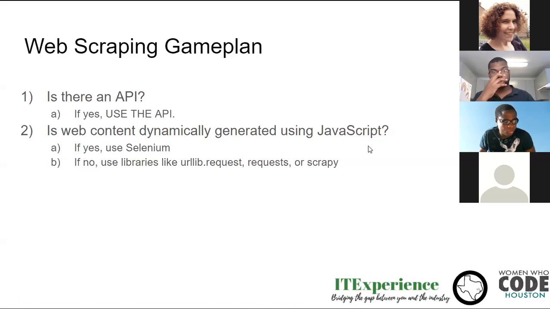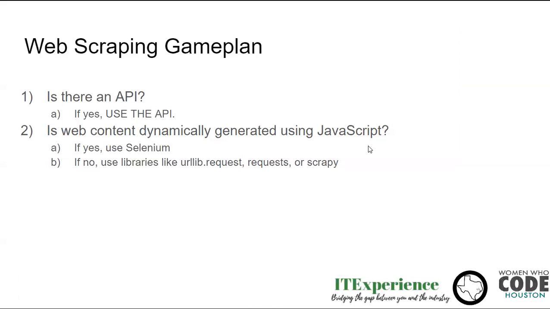The thing that's important to know is that when you're accessing a website, some content is static. It might be generated on the server side, and when it's generated on the server side, you don't actually need to automate the browser experience because there's no JavaScript that needs to be rendered in order for you to access the information.